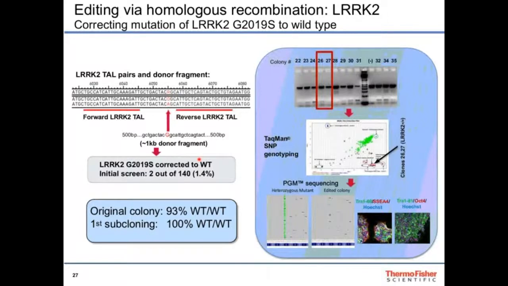We cut and did our insertion, screened about 140 colonies and got 2 clones that looked like they were repaired. And in the first subcloning, we were able to prove that we had 100% repaired wild-type allele. So now we've repaired that LRRK2 mutation in that cell line. And then we checked it using the standard tools that I've already showed you.